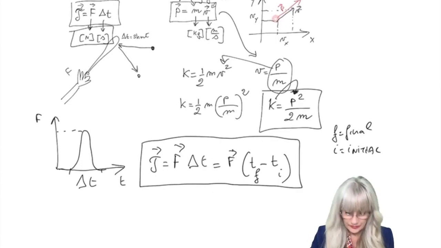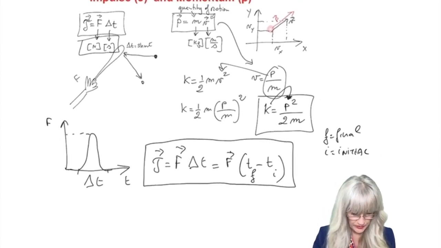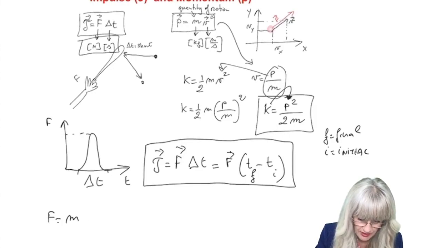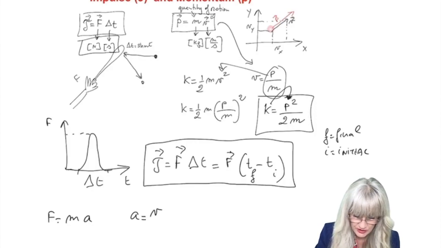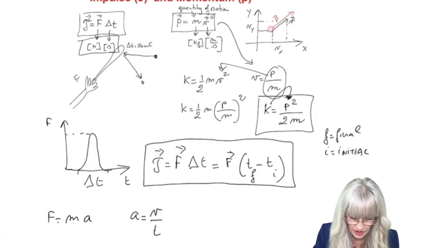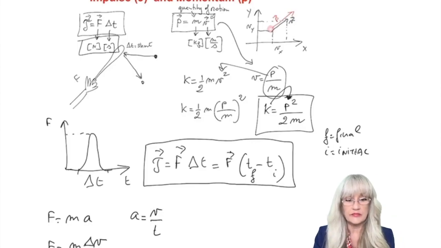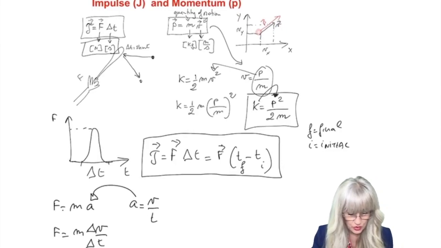What happens if I rewrite the impulse as a function of the momentum? Well, you recall Newton's law, F equals ma, and an acceleration is a change of velocity over time. So this force will be really m times delta v over delta t. I'm not changing anything, I'm just substituting this one in Newton.